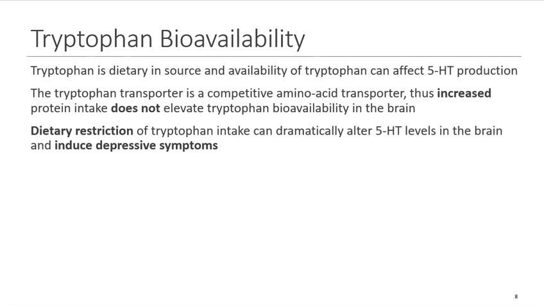So tryptophan is permeable through the blood-brain barrier through specific amino acid transporters, and these are general purpose transporters for large neutral amino acids, and they're very competitive. So just because you eat food with tryptophan in it doesn't mean the tryptophan's going to be first in line for that train into the brain.